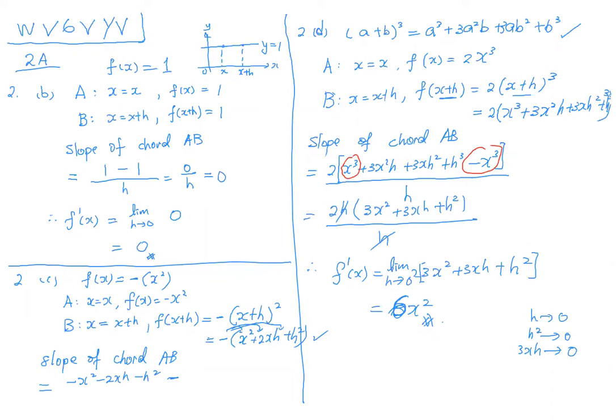Then you take away negative x squared, divide by h. So this one and this one cancel off. Are you okay? Then the h cancel off. Minus negative value become plus.